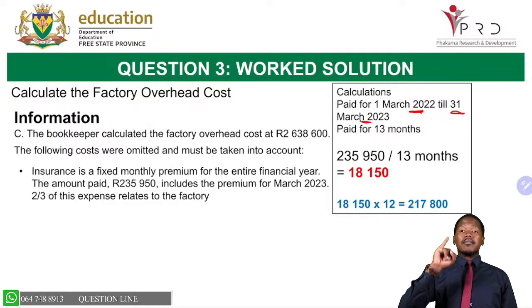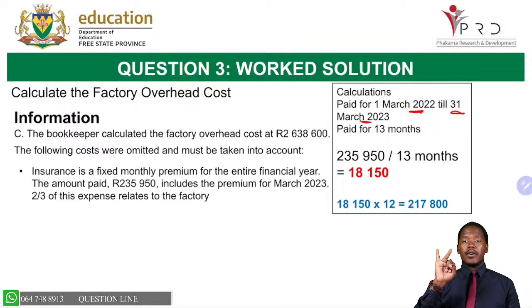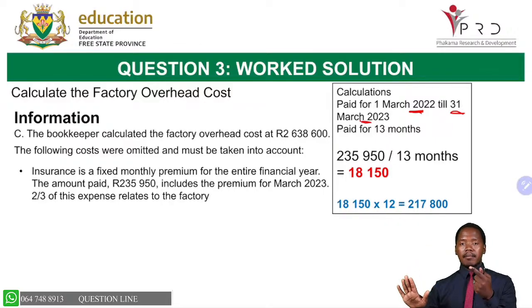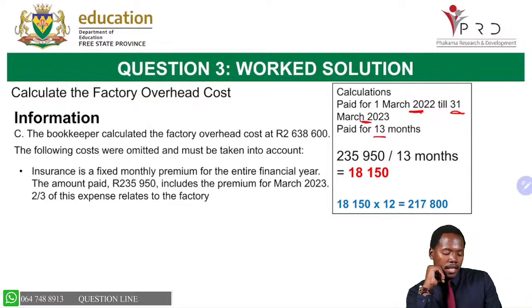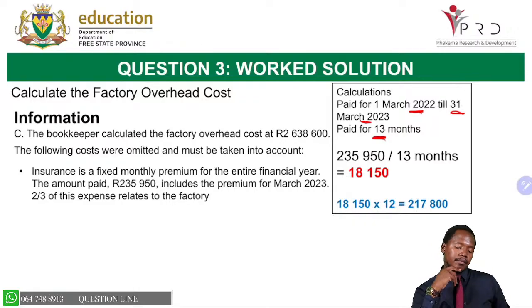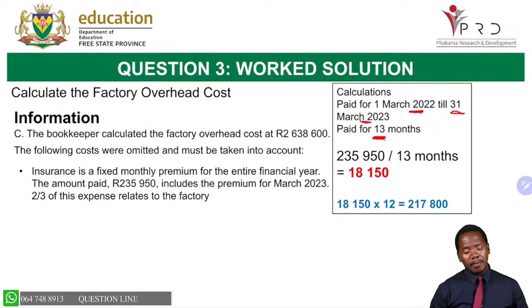If you count, it's March, April, May, June, July, August, September, October, November, December, January, February, and March. So this gives us 13 months. Now, to know how much we are paying per month, we say 235,950 divided by 13 months.